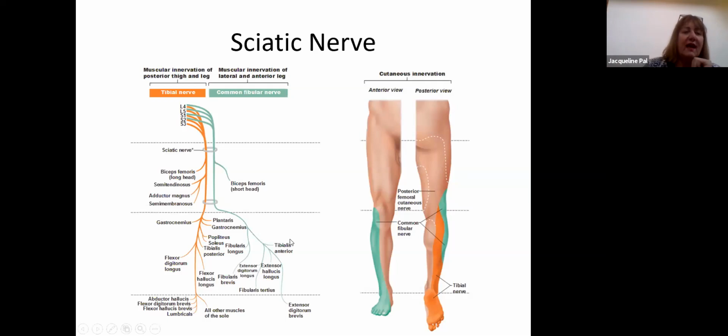Looking at the tibial nerve, this one is innervating your hamstring muscles in your posterior thigh. And then both of these will do some of your posterior calf muscles, okay, and lateral calf muscles. The lateral calf muscles would obviously be on the common fibular nerve because it is the lateral nerve. Looking at the sensory innervation laterally, you're going to have common fibular nerve, and then posteriorly, we would have tibial nerve.